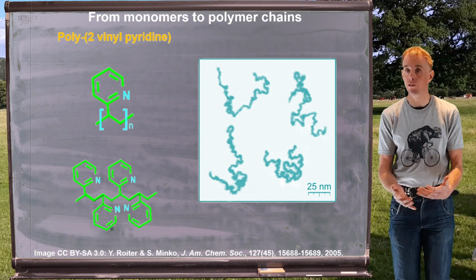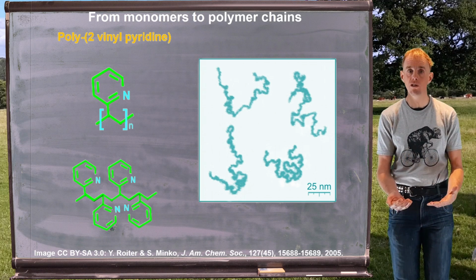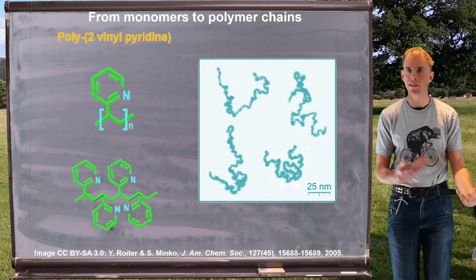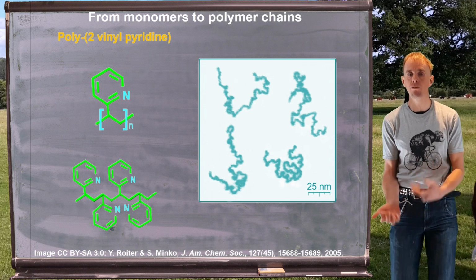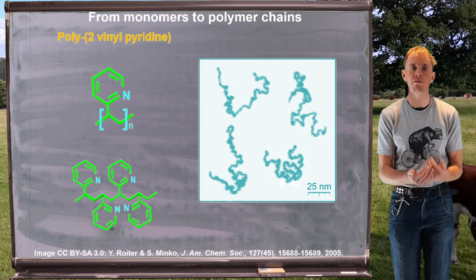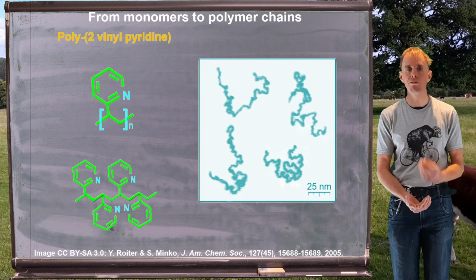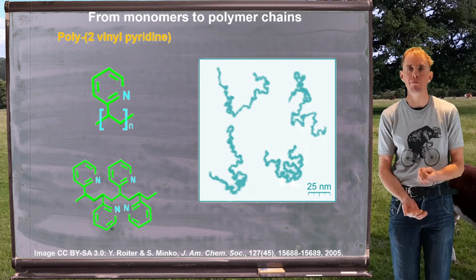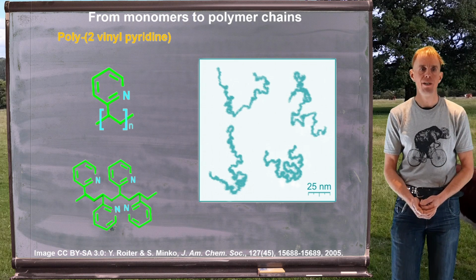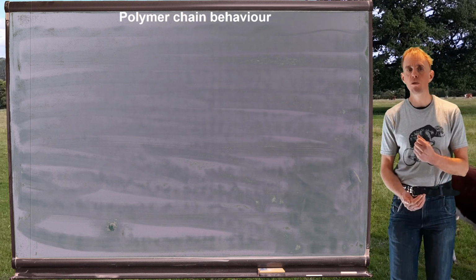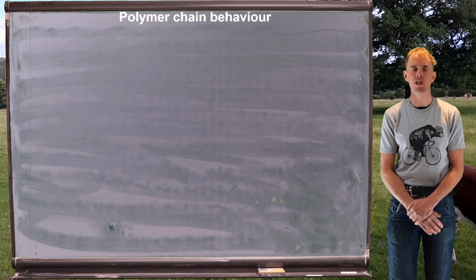And that's of real relevance to us because we're talking about polymer solutions, and these are solutions of polymer in a solvent. And what we will see is the type of solvent very much affects how the polymer behaves, which in turn will affect the macroscopic rheological response that we measure and observe. So let's see what the authors found in terms of polymer chain behaviour.